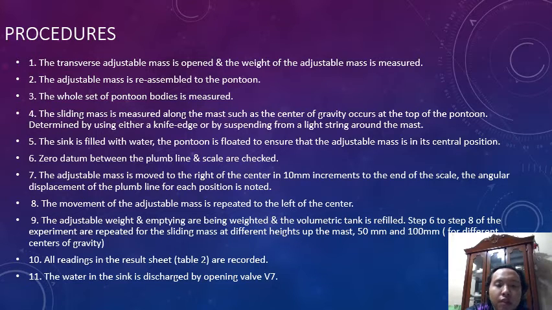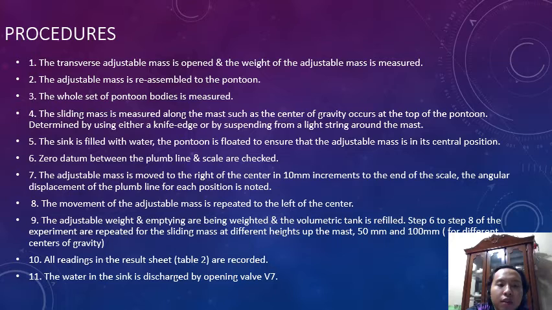Number 4, the sliding mesh is measured along the mesh such that the center of gravity occurs at the top of the pontoon, determined by using either a knife edge or by suspending from a lead string around the mesh. Number 5, the sink is filled with water. The pontoon is floated to ensure that the adjustable mesh is in its central position.